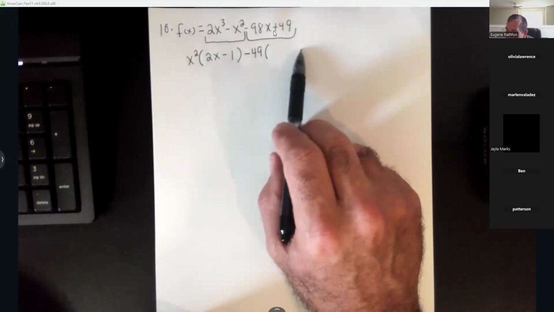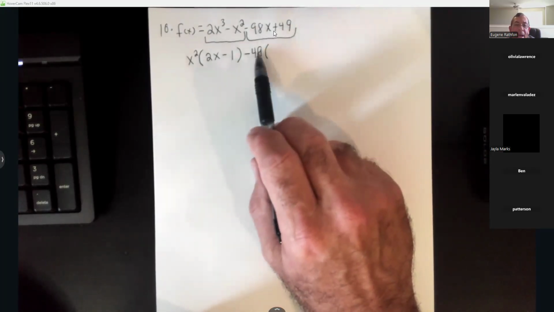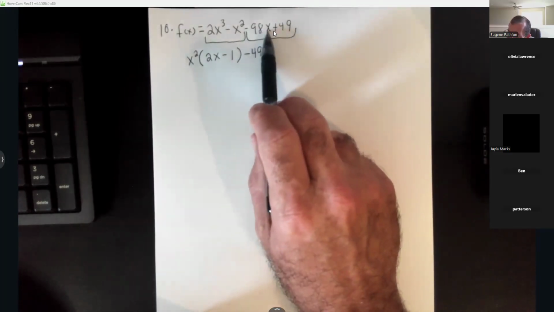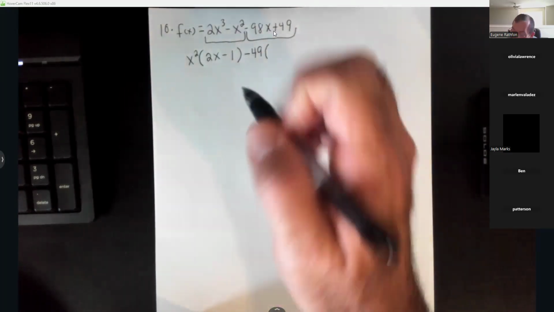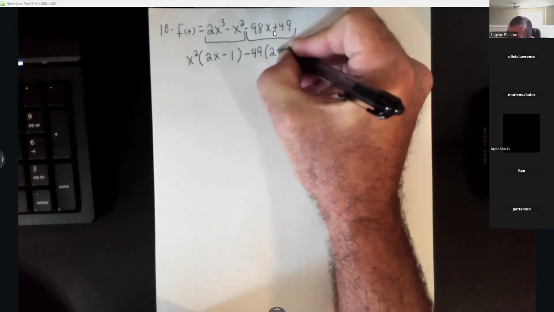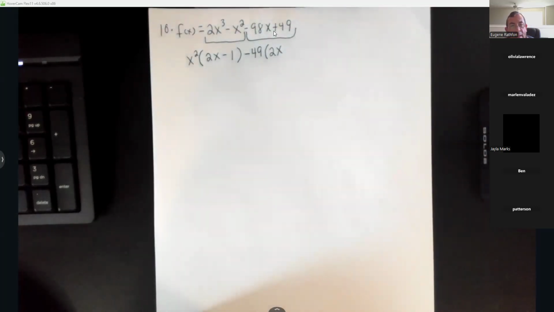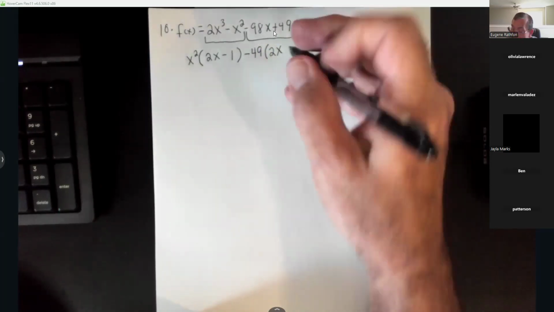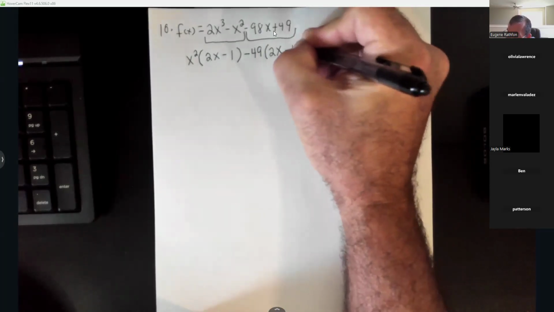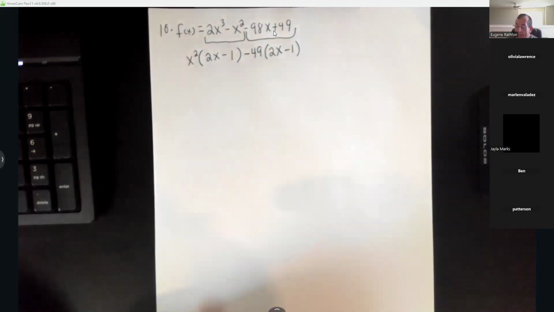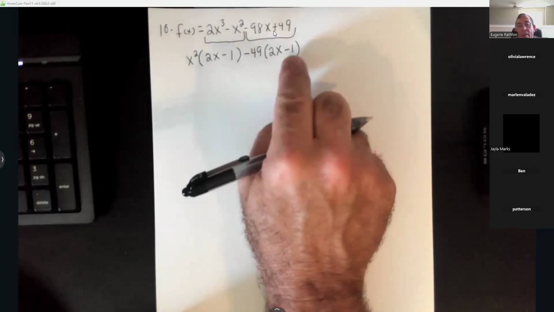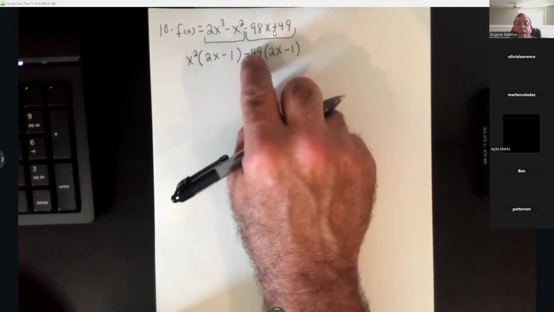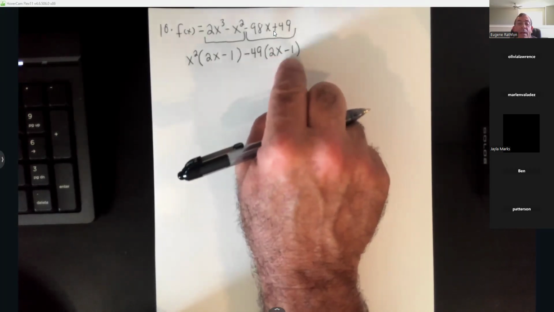The only way to get a 1 in here is if that was a 49 divided by 49 at the end, okay? So let's see. 98x divided by 49, well, y'all, that negative divided by negative is going to leave you a positive 2x. And then a 49 divided by negative 49 makes that a negative 1. So knowing what you need here to match this, you can almost figure out what's got to come out based on what you need in here, okay?